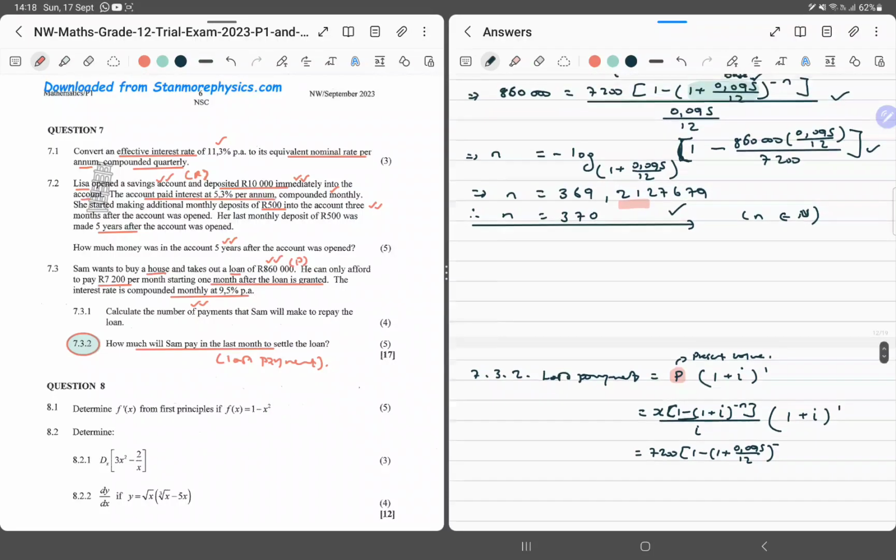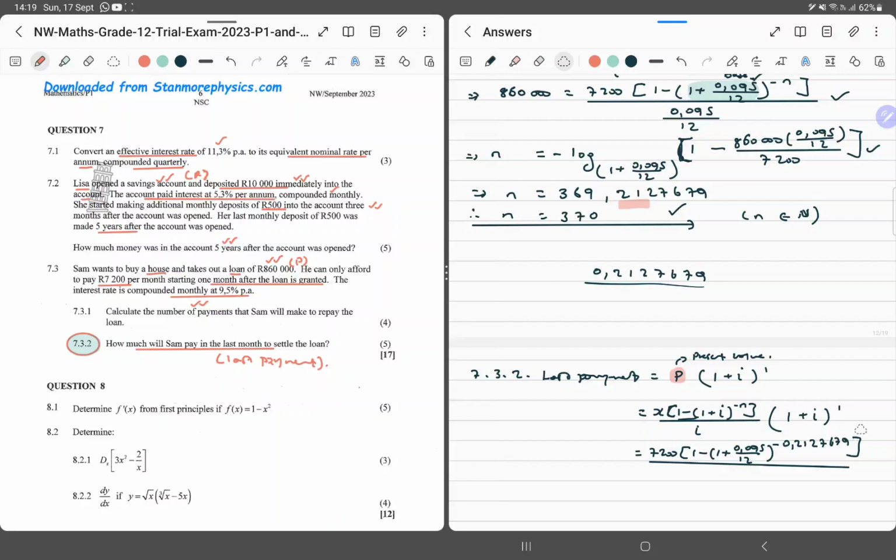Now remember, when we've paid these 369 payments, what remains is 0,2127679. So this is what we have there. So this is going to be 0,2127679. Okay, so all of that we are dividing.